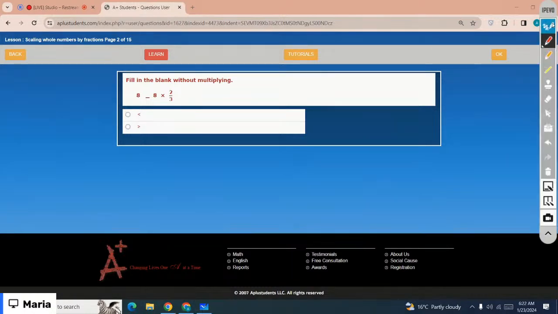Just look at the fraction. 2/3 is less than 1, right? That means if you multiply a number that is less than 1 to 8, it becomes smaller. So 8 is greater than 8 times 2/3. Got it?